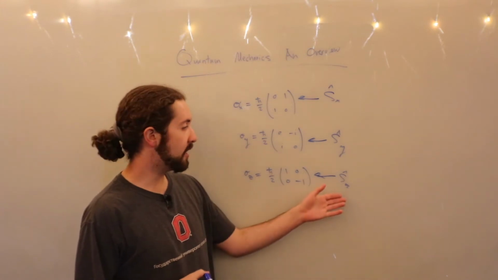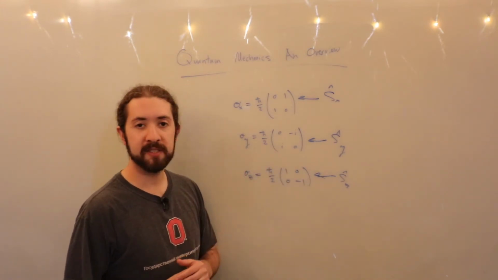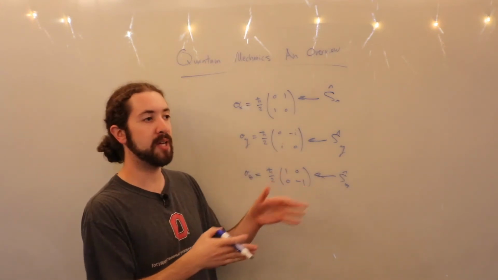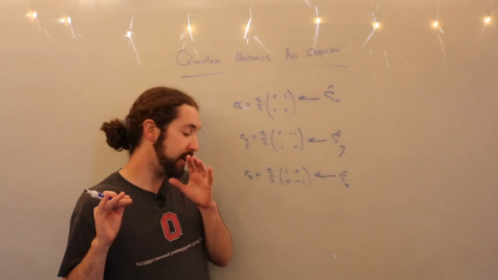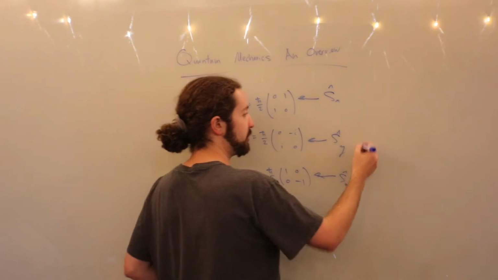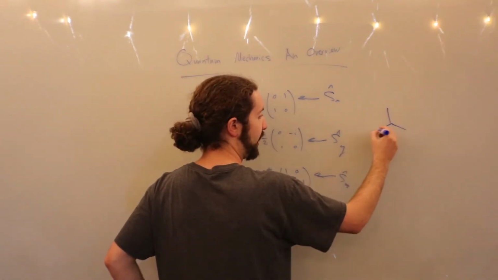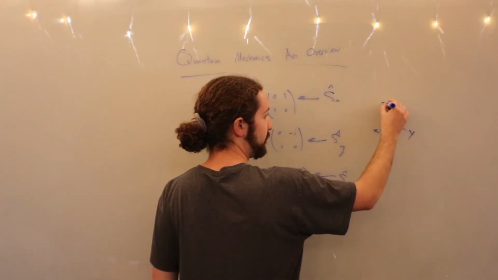Now, the reason we have 3 operators instead of just 1 operator corresponding to measuring the spin is because at any given time, we can only measure spin in one direction. And as you hopefully know by now, the world is 3-dimensional.